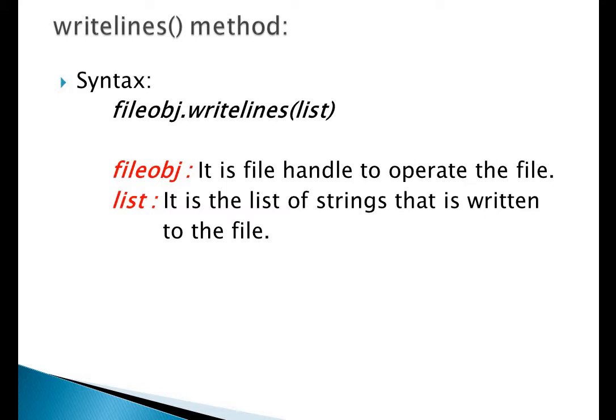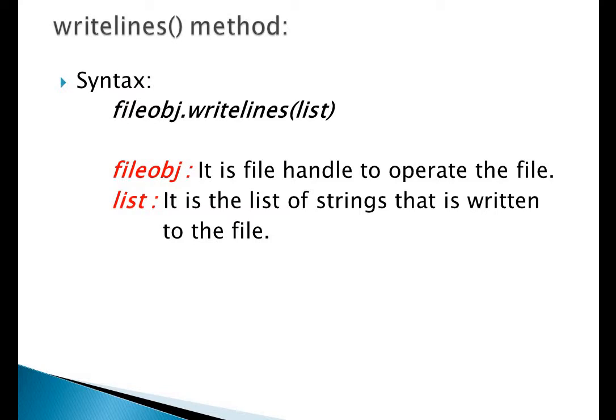This is the difference between function and method. Functions are called without using objects, and methods are called using objects. File object is the handle to operate the file.